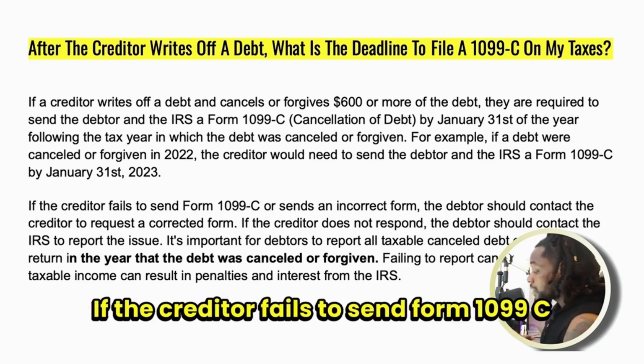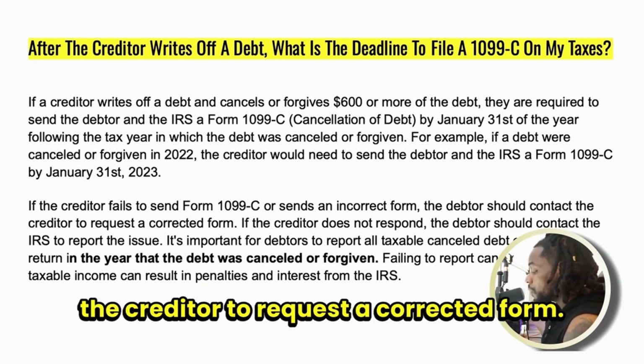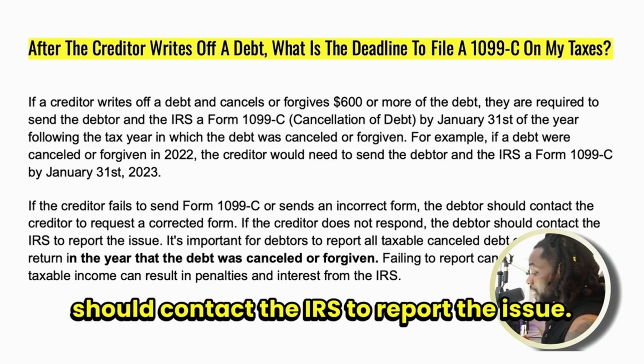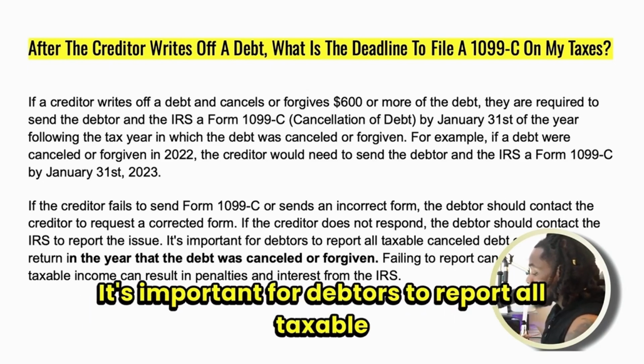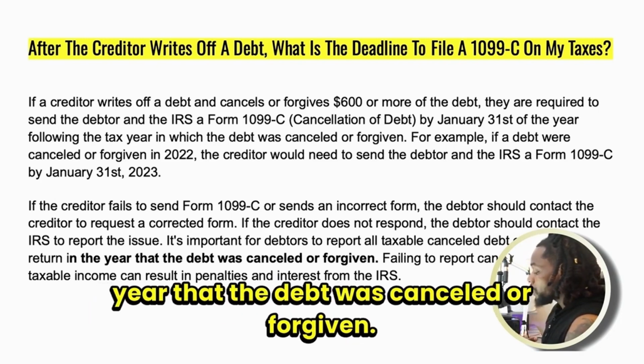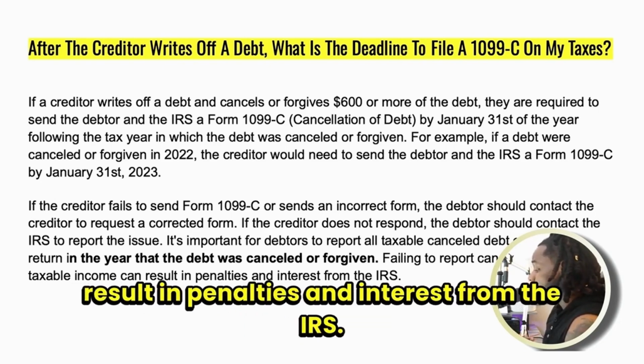If the creditor fails to send Form 1099-C or sends an incorrect form, the debtor should contact the creditor to request a corrected form. If the creditor does not respond, the debtor should contact the IRS to report the issue. It's important for debtors to report all taxable canceled debt on their tax return in the year that the debt was canceled or forgiven. Failing to report canceled debt as taxable income can result in penalties and interest from the IRS.